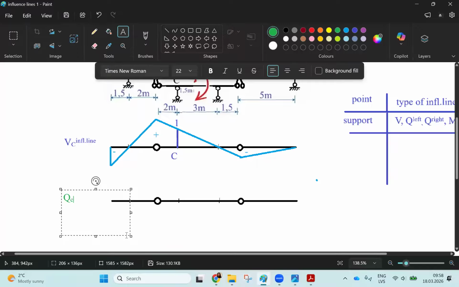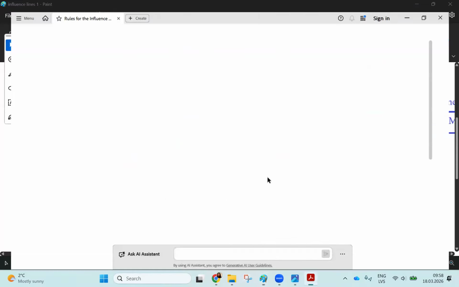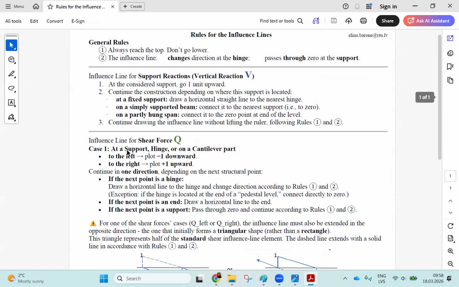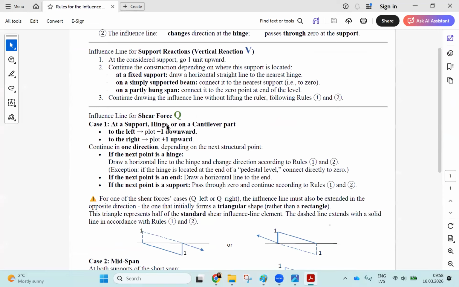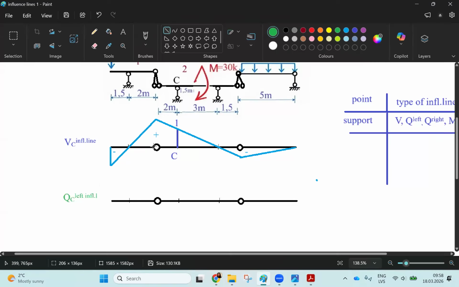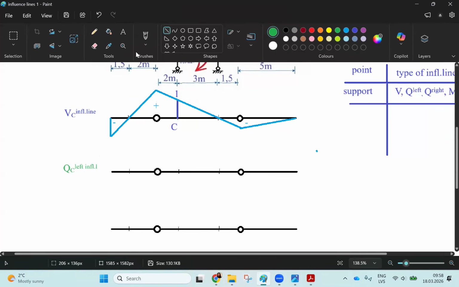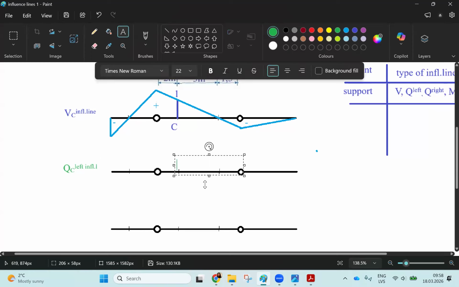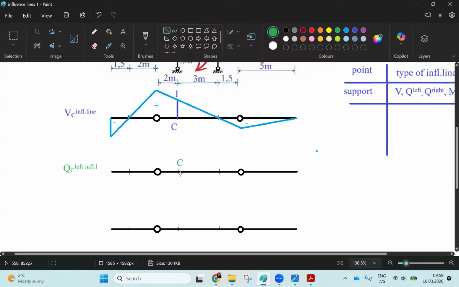Q, C, influence line, left. What the rule sheet says is that at the support, that's case one, we go to the left. That's why we plot -1 downward. So at point C, we draw -1 downward, and we want to go left.